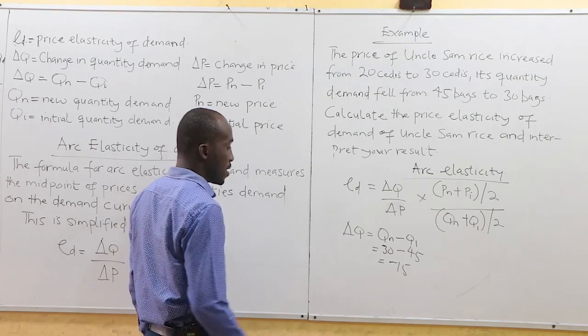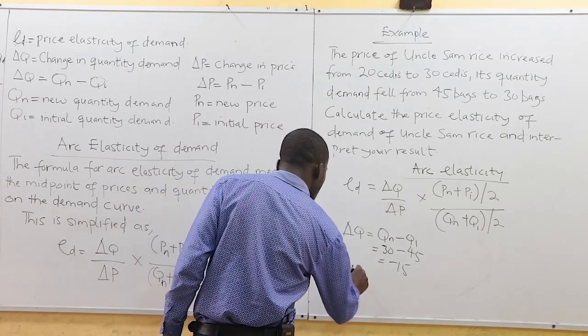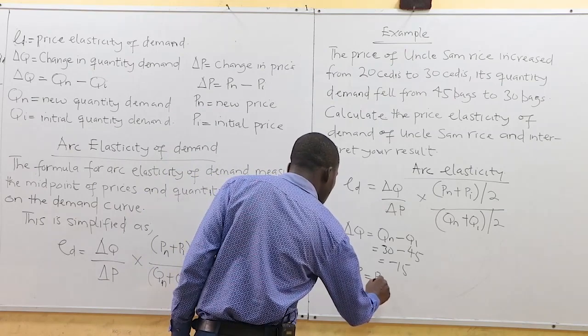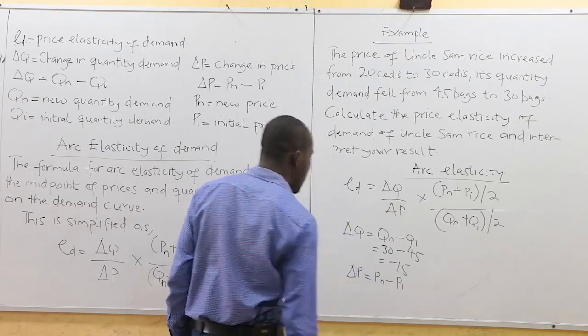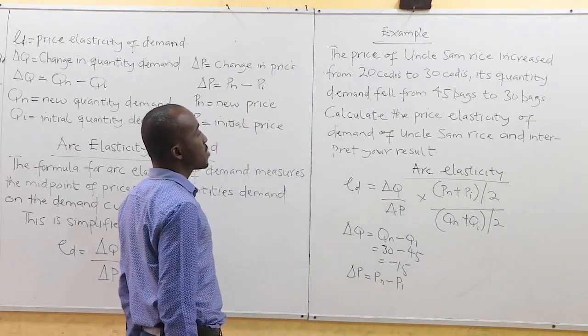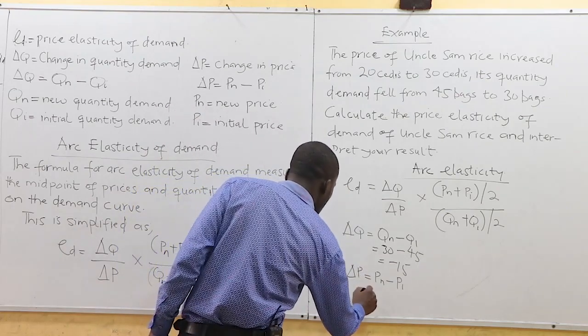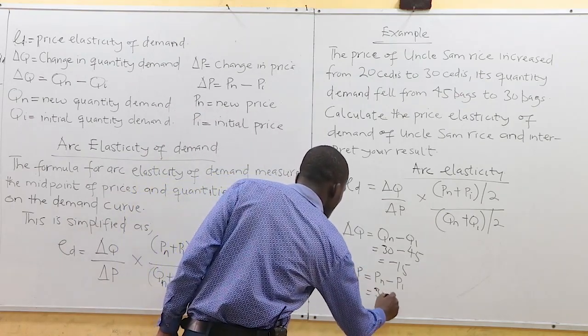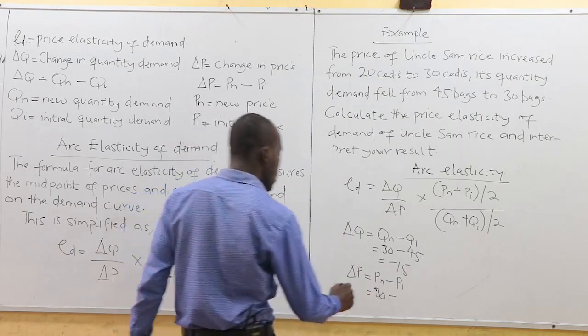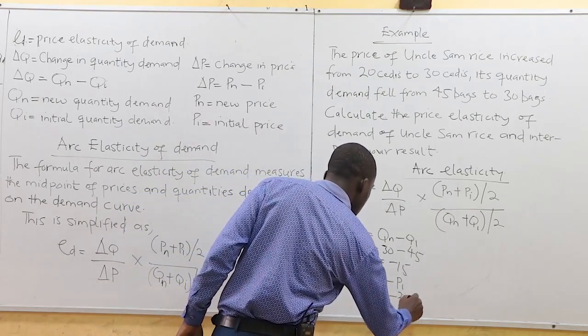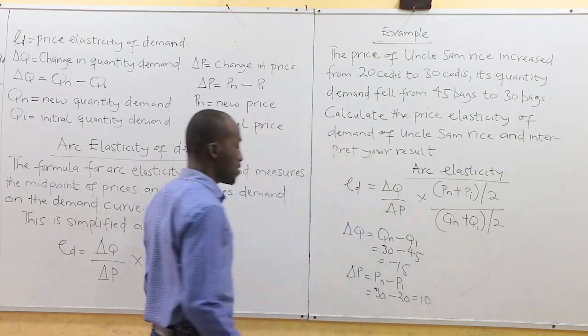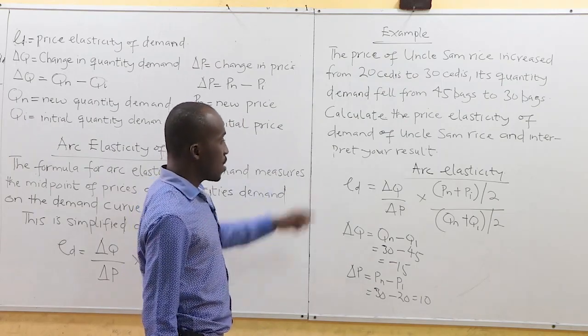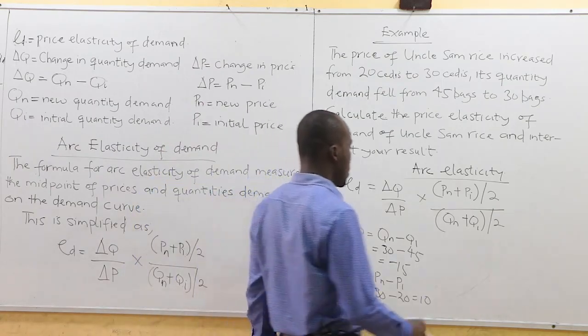What about the change in price? The change in price is the new price minus the initial price. What's the new price? 30. The initial price is what? 20. That gives 10, right?